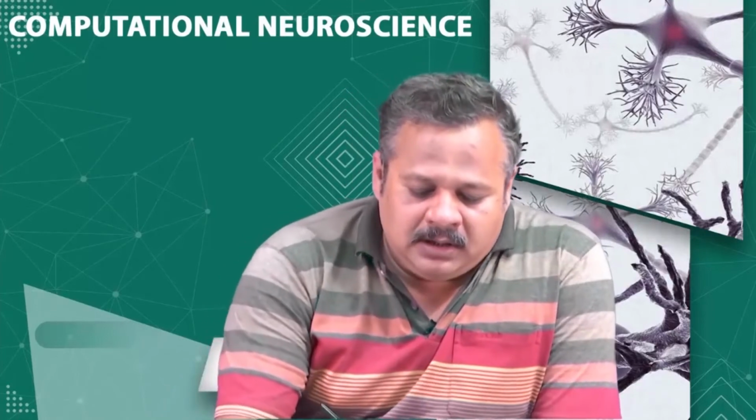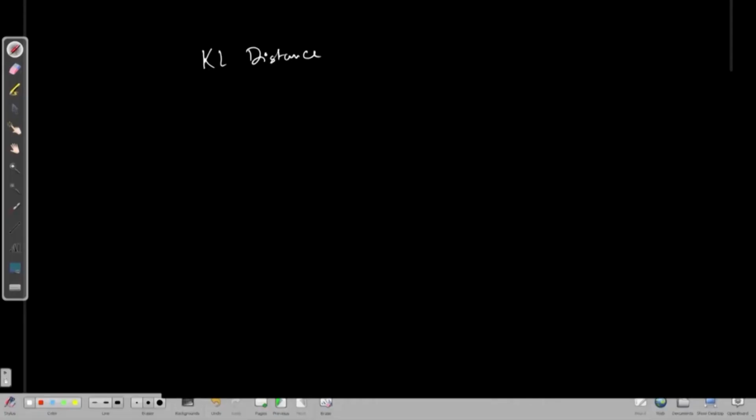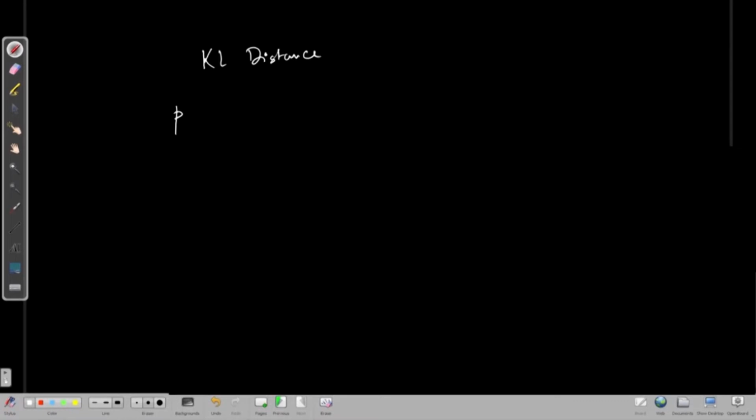Our KL distance, which is D_KL of P, Q, is equal to the summation over all possible values x taken, of P(x) log of P(x) by Q(x).